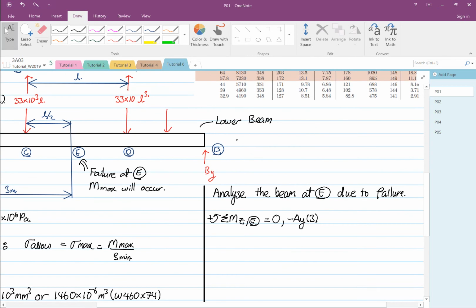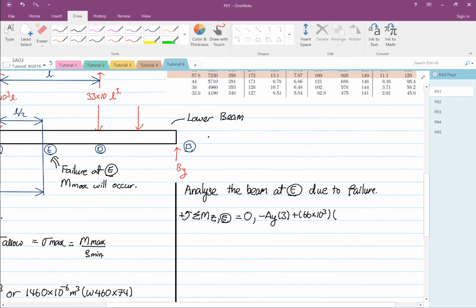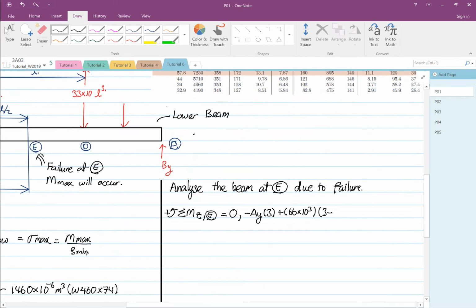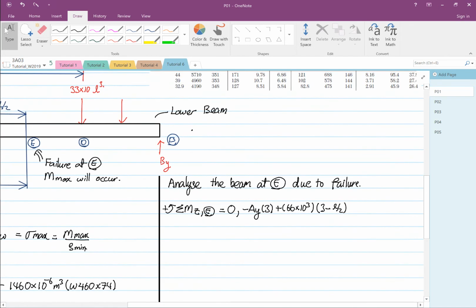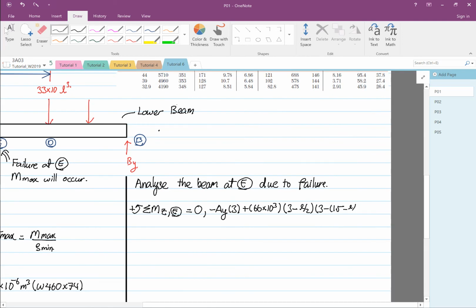This is going clockwise, plus BY 66 times 10 to the power 3, close bracket, then multiply by 3 minus 1.5 minus L over 4.